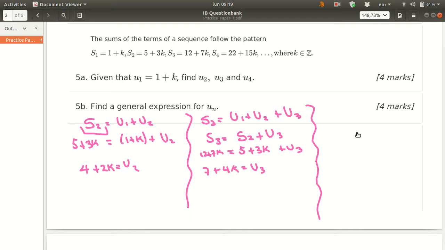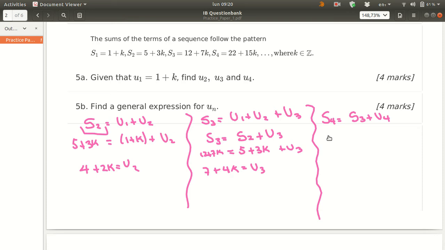And then u4 is more of the same. So I'm going to do the same thing. S4 is going to be equal to the sum of the first three plus the fourth term, which is the same idea that I did in the second one and in the first one.